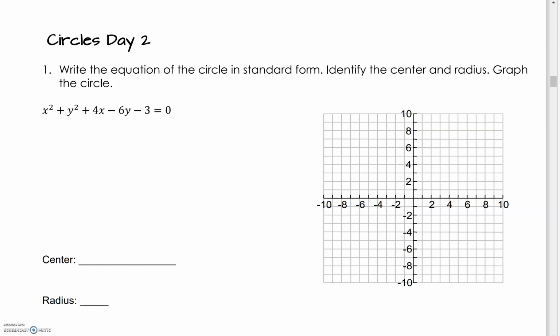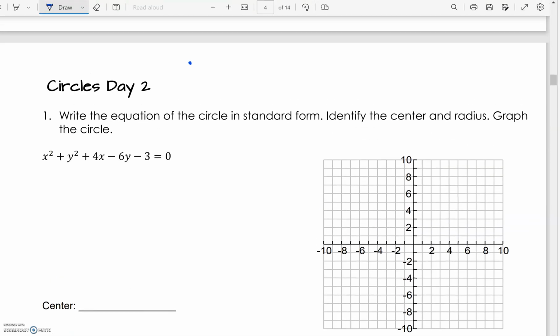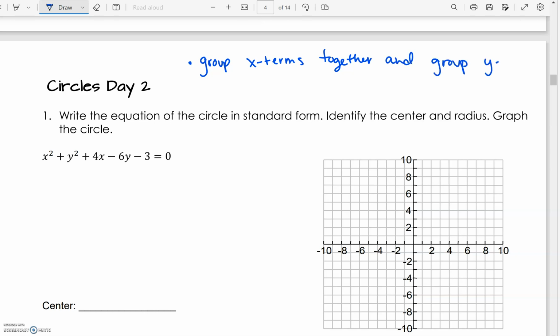So what we're going to do is group the x terms together and group the y terms together. And then we're going to move the constant to the right side.